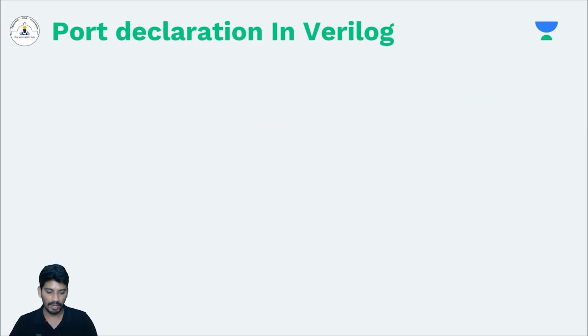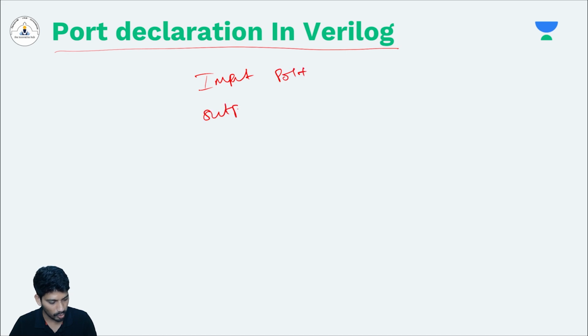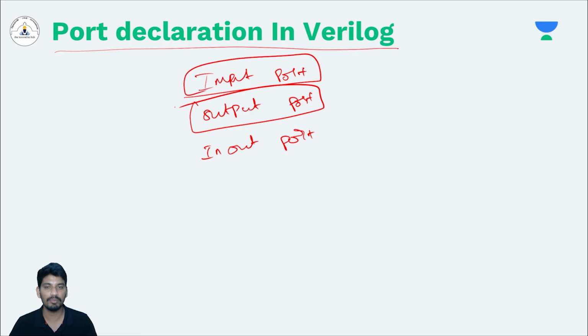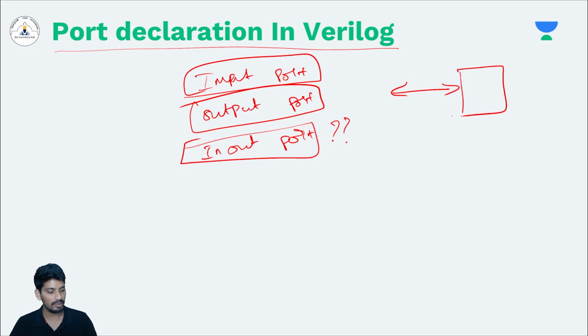Now let's see port declarations in Verilog. There are three kinds of declaration. One is input port, second one is output port, and third one is in-out port. We know what an input port and an output port are, but what is an in-out port? The in-out port is like a bidirectional port. Let's say you have a D flip-flop here.